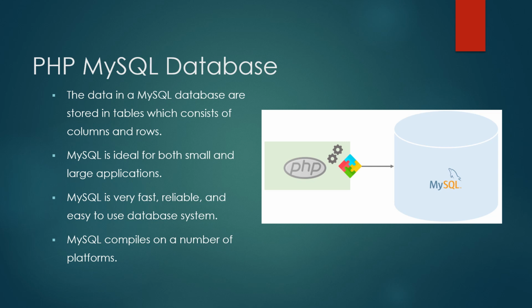MySQL is a database system that runs on a server, and it's ideal for both small and large applications. It's very fast, it's reliable, and it's easy to use. And it uses standard SQL. And then it compiles on a number of different platforms.